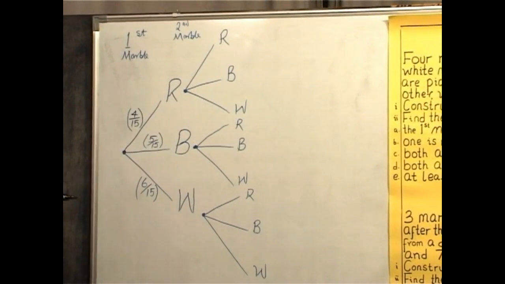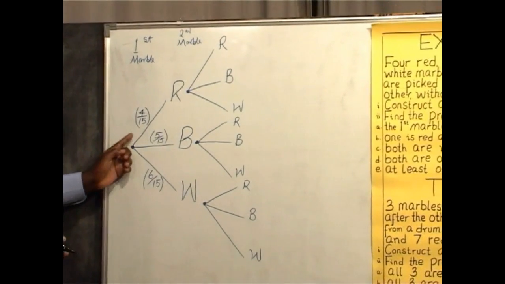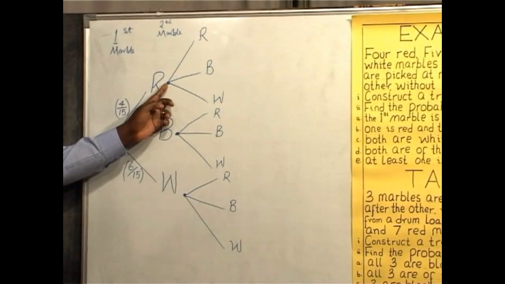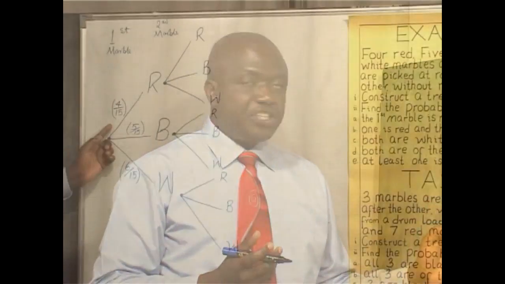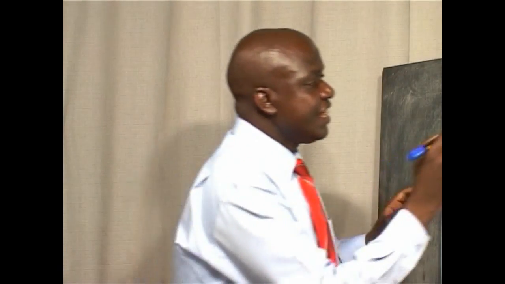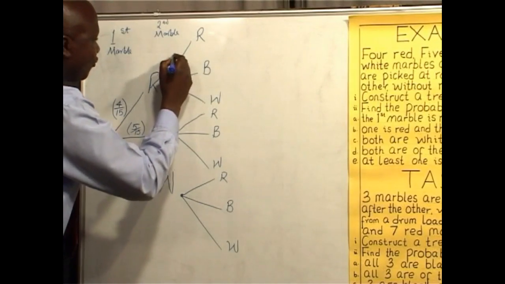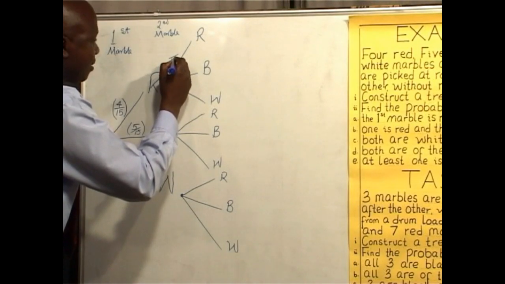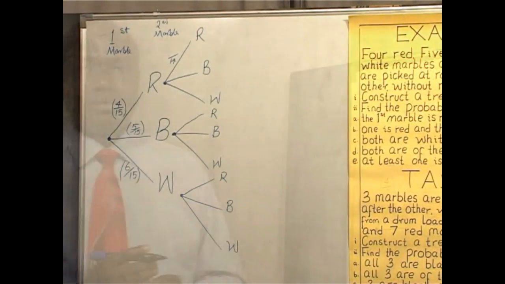Let's start with this one. This is on the assumption that the first marble picked is red. And remember, there is no replacement. So the total number of marbles would have reduced from 15 to 14, meaning the denominator for this probability must be 14. What will be the numerator?